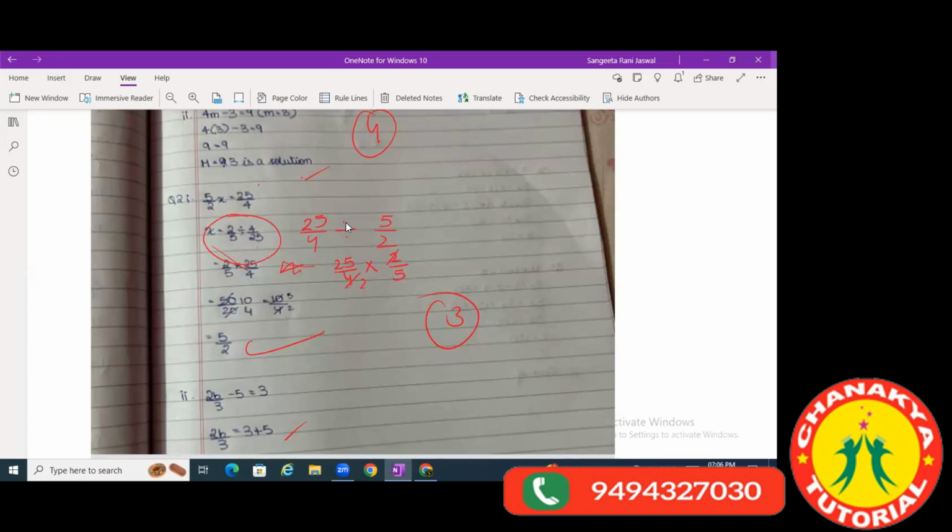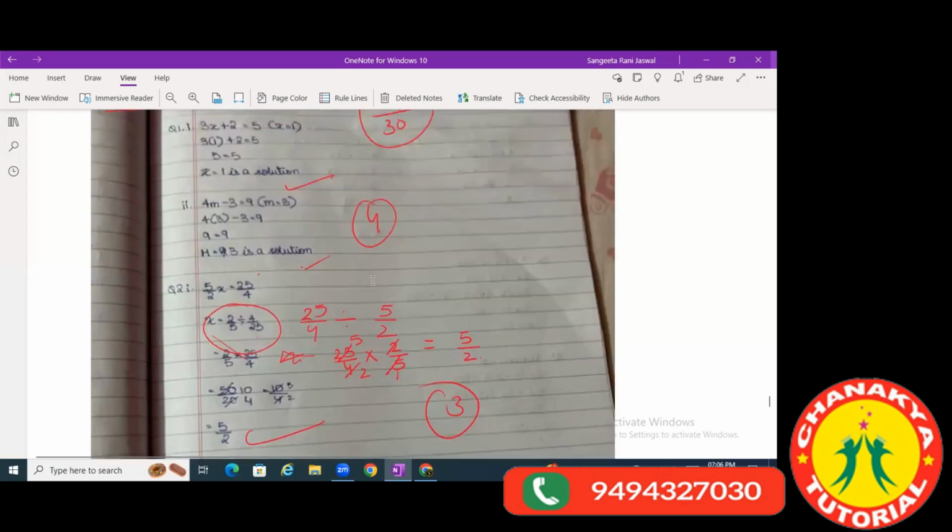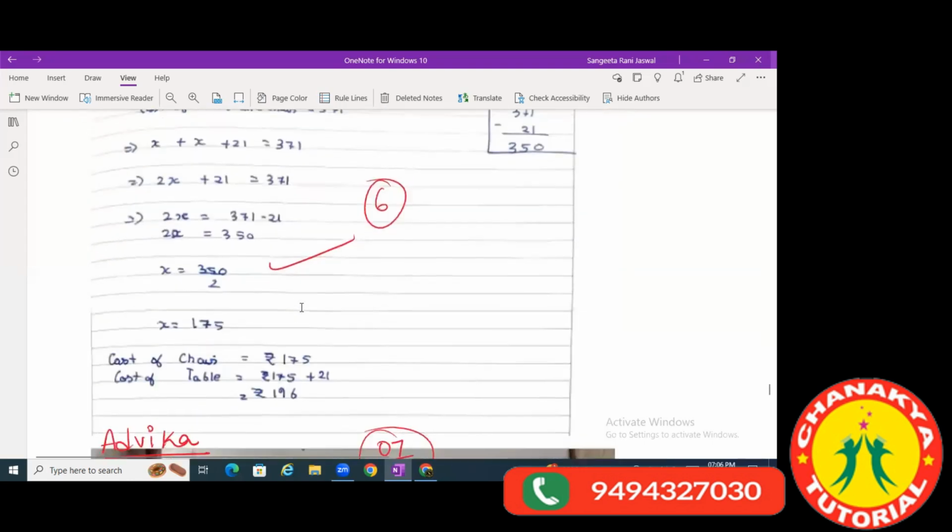Ma'am, sorry to interrupt, but I want to tell you something about my question paper. When I was checking in the Wise app, the same PDF that I sent you was showing I did question 4. But I haven't got it, this is what I have got.